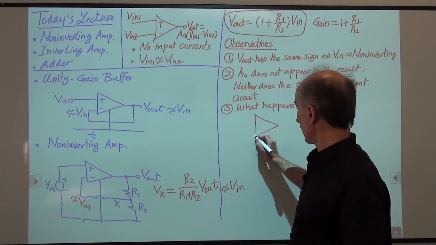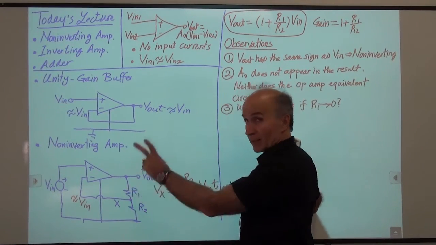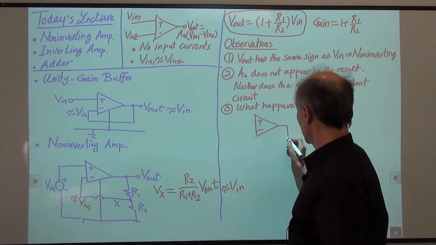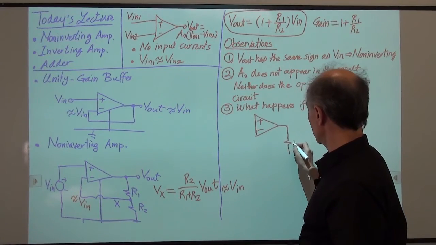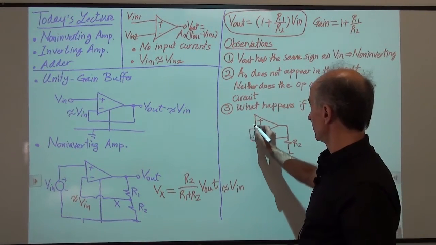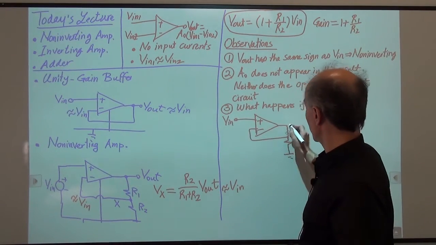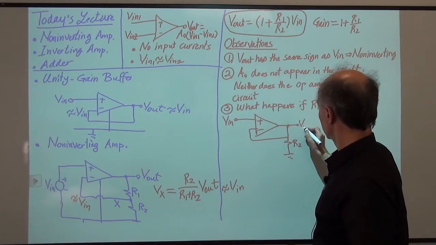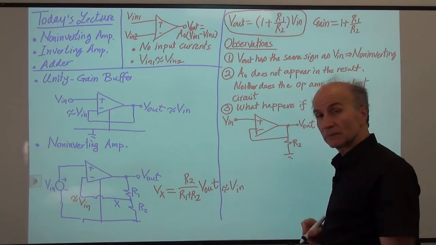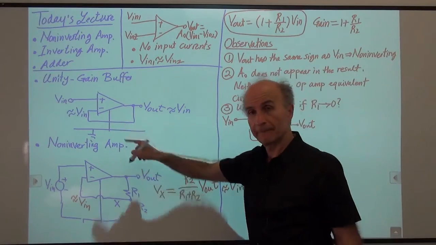We have our op amp, we have a 0 resistance, so that's a short circuit. And then we have resistor R2, which goes to ground. And then we have this connection here. And we have this V in here. That's the V out. So does this circuit behave like this one?